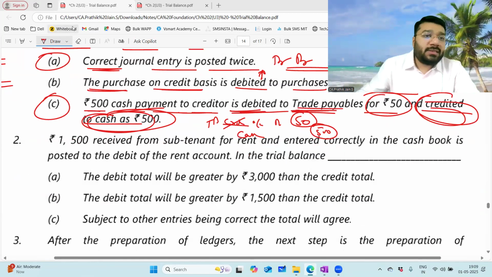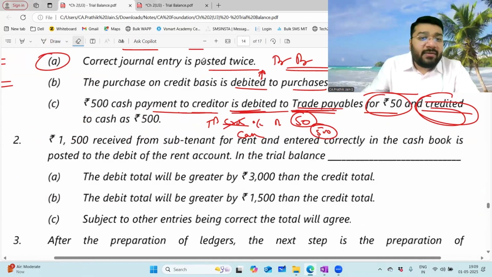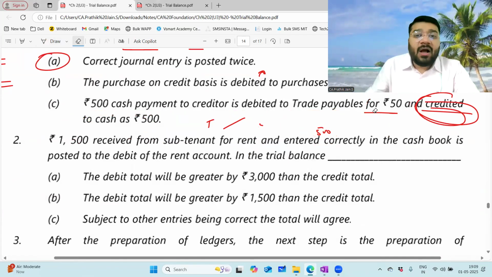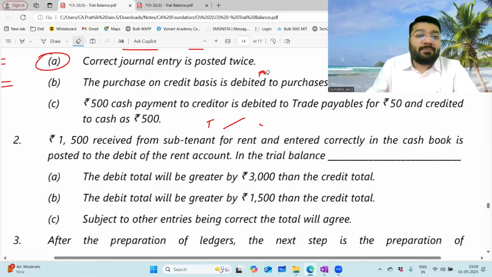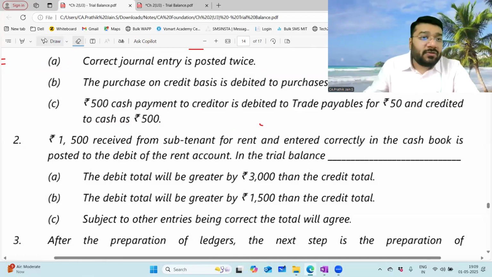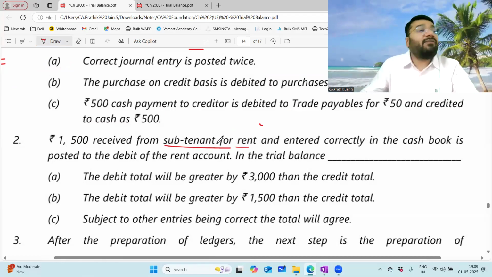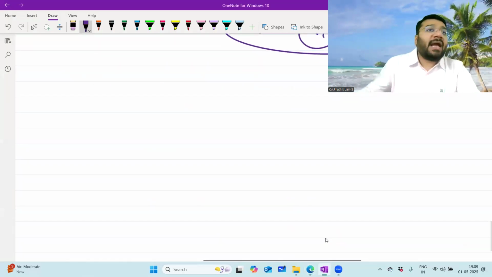Now, second one. Rupees 1,500 received from subtenant for rent are entered correctly in the cash book and posted to the debit of the rent account in the trial balance. First I have to make you understand the meaning of subtenant. I have taken this academy on rent.